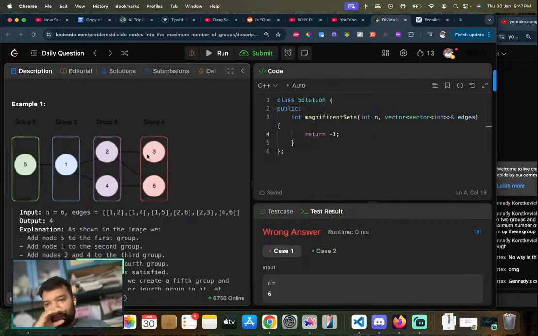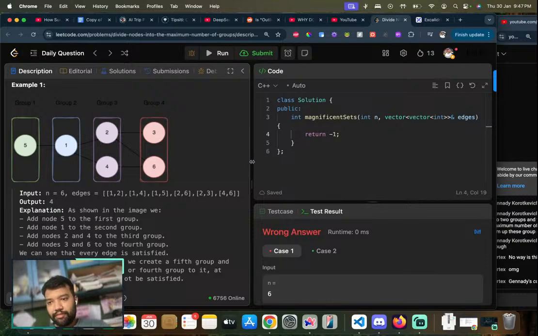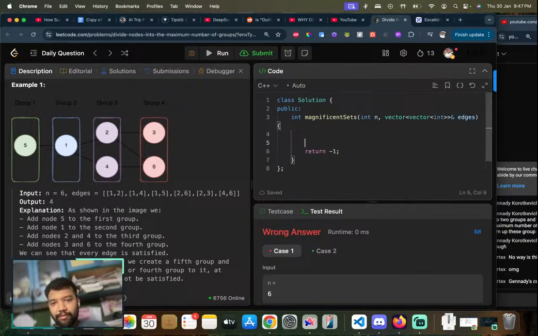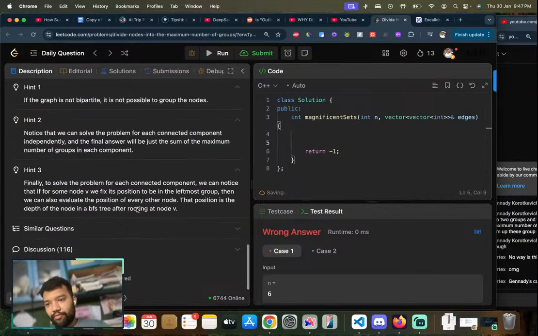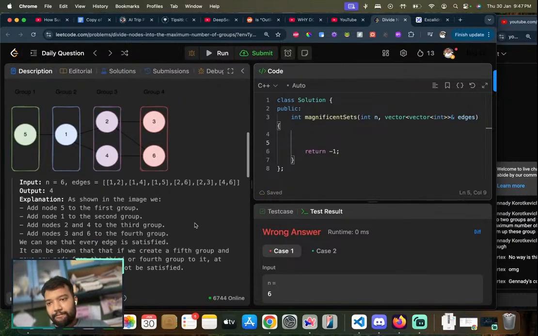Okay, so this is also what I came up with, and this is also from the hints that I will have to first find the disjoint sets, and then I will have to find the height of all these sets.